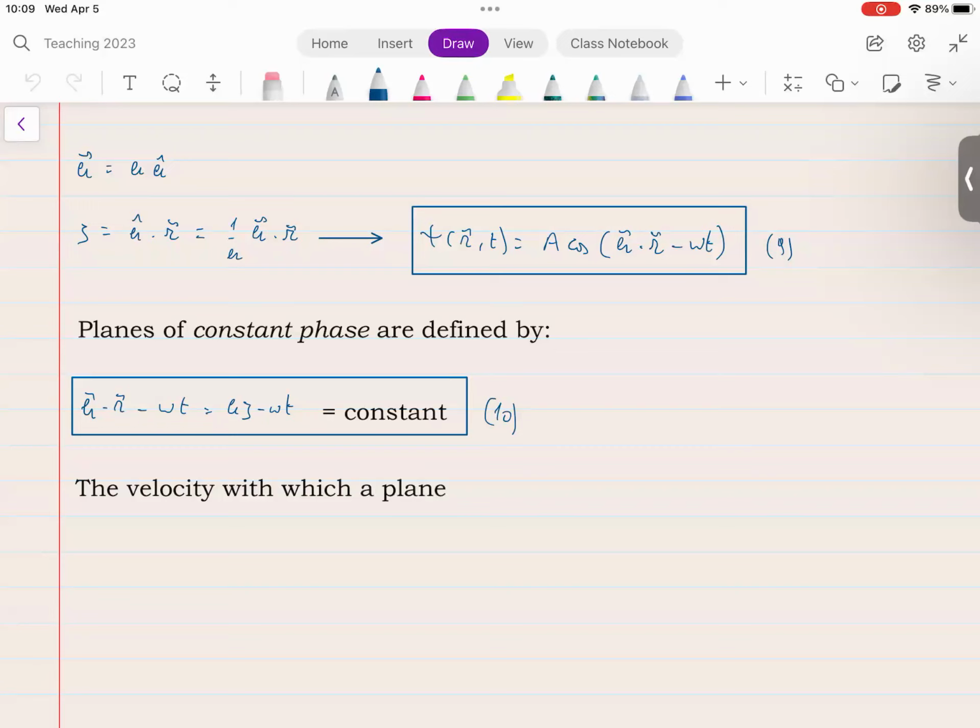The velocity with which a plane of constant phase moves is called, no surprises, the phase velocity.